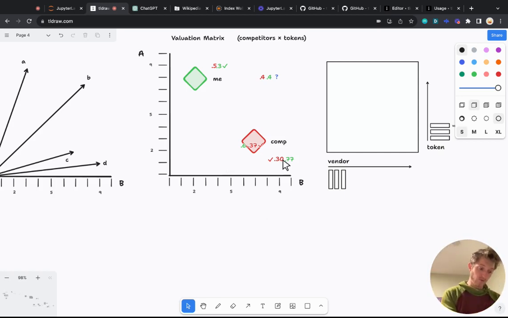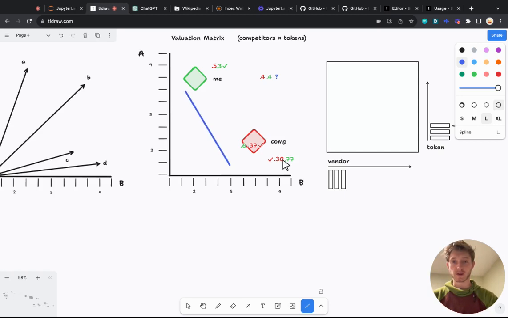There should be some shape to be drawn over here, probably a line, that shows you the set of valuations that would allow you to be competitive.